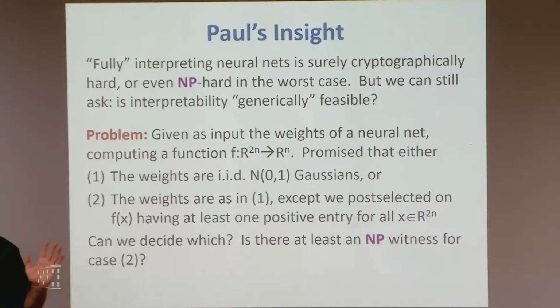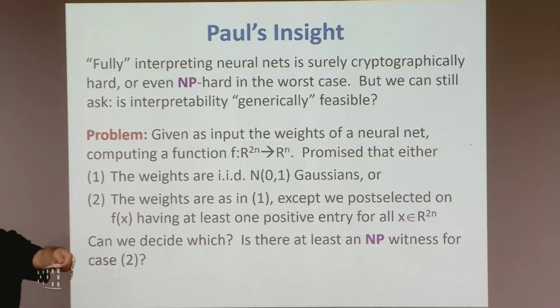Now, for any given x, of course, it's very unsurprising that f of x should have at least one positive entry. But if that is true for all x, then something is going on. That seems unlikely to happen by chance.